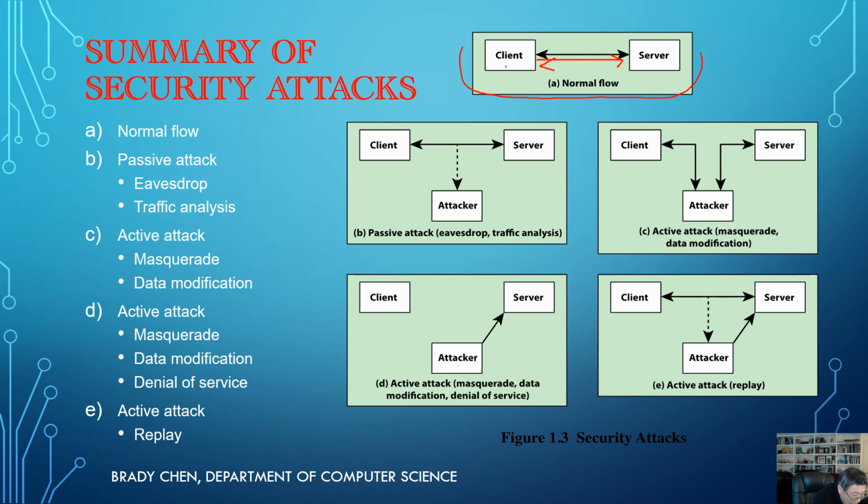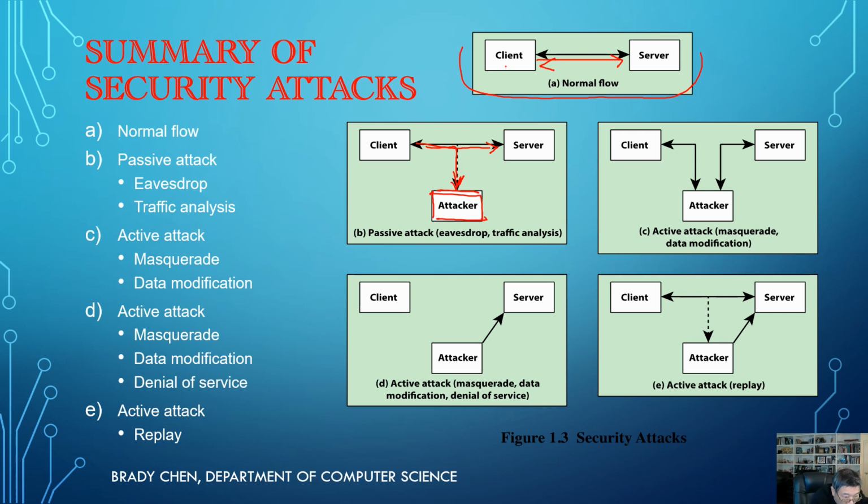Now with a passive attack, the third party, the attacker, is basically sitting there and grabbing all the messages that the client sent to the server and the server sent to the client. But the attacker doesn't actually change any messages.